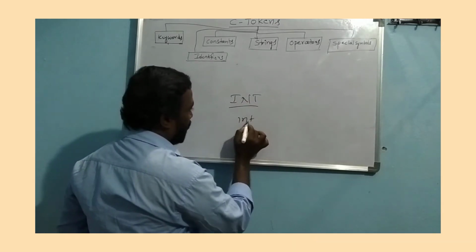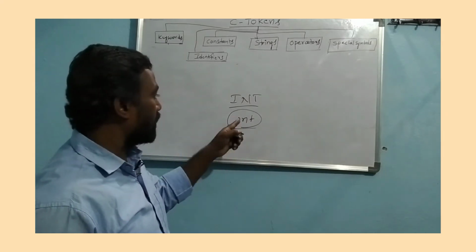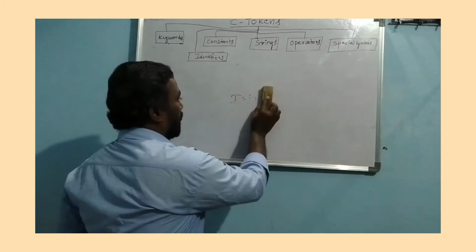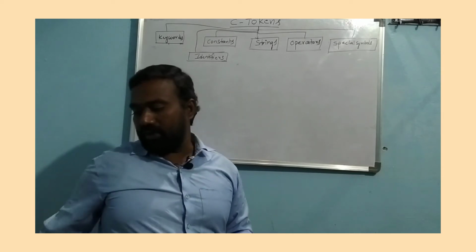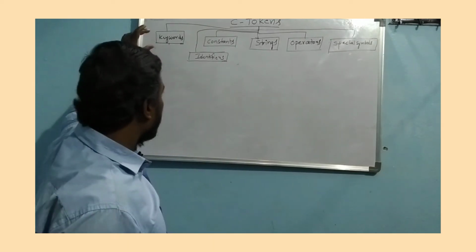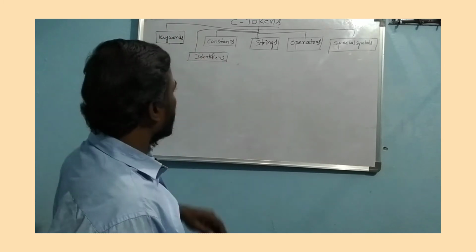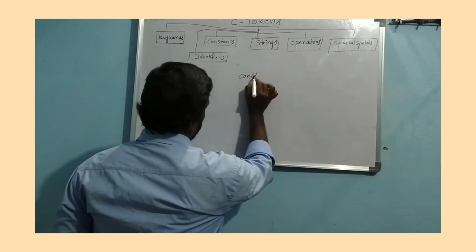The int keyword must be within small letters only. This is the important point related to our 32 keywords. Each and every keyword we will discuss in later sessions. I just have to introduce the tokens of C programming now. The next concept is constants.